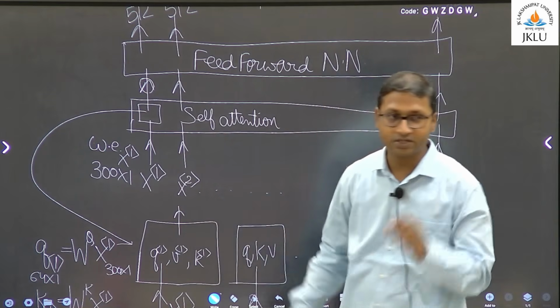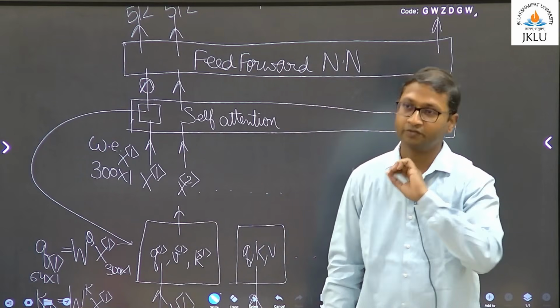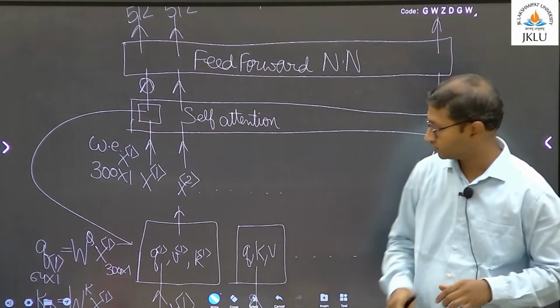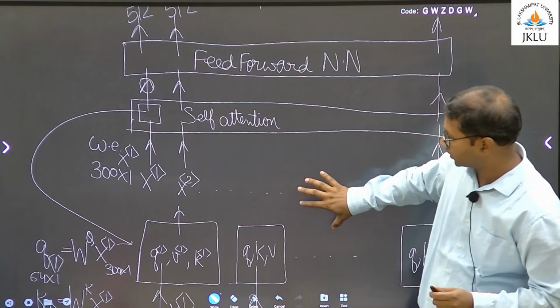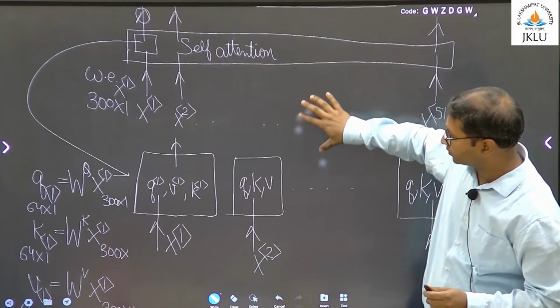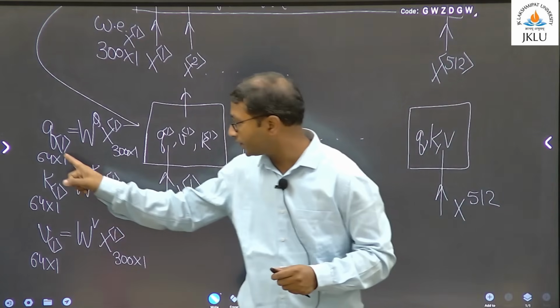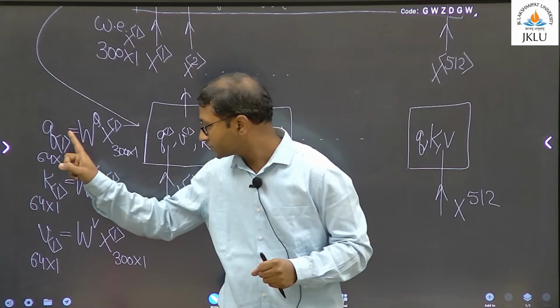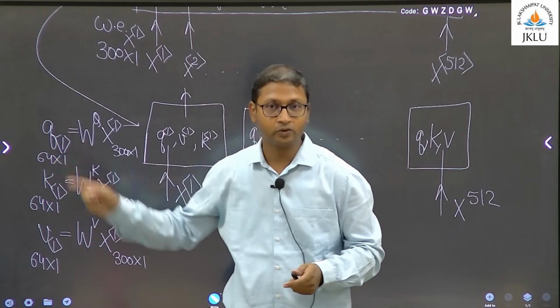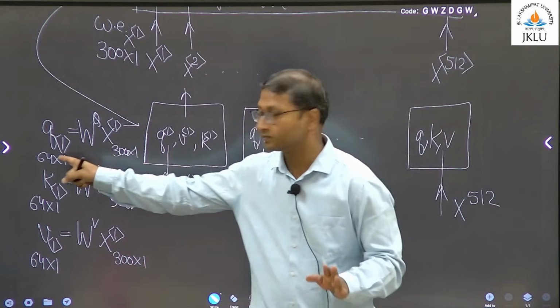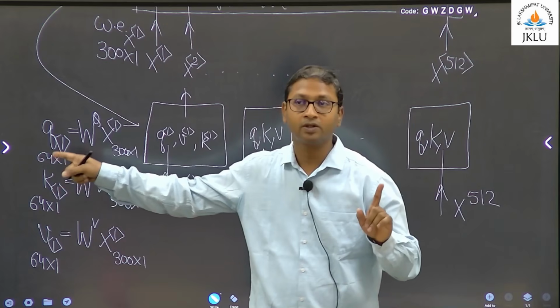And right now this is just 64. So you want to say I should not be having 64, instead I should have 512, right? Everybody agrees? So we should not have 64, we should have 512.